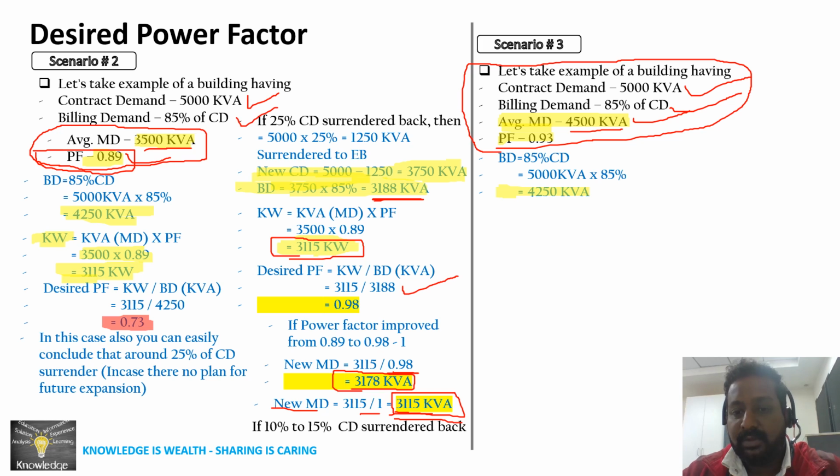So what if we improved power factor from 0.93 to unity? Let's calculate.